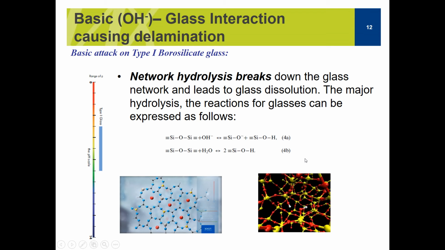Okay, so the main point of what we're trying to say here is there are two different chemical attacks and two different interactions. One of them happens at low pH, and one of them happens at high pH. The glass, any type of material that you will have, has to protect your chemical or your product at both ends, at low and high.